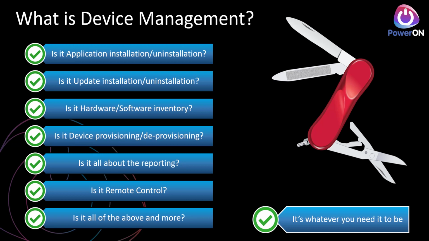And as I say, commonly the answers that I'm given are update installation, because we live in a world where security, certainly in IT, is quite an important subject. So we need to be able to patch any vulnerabilities or any zero-day vulnerabilities in particular pretty promptly and quickly. So that's usually high up in the list. But as I say, it's really what you need it to be. So some people are happy with just that, and some people want more.